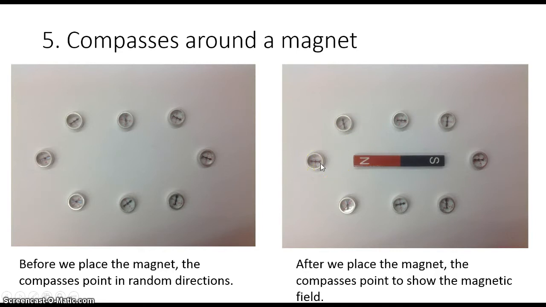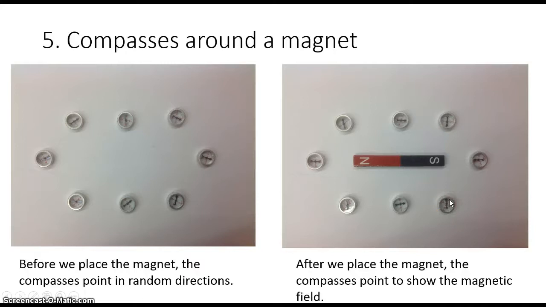Notice that this compass points away from the north. Notice that the compass arrowhead points towards the south. Notice that these compasses' arrowheads point away from the north. Now this compass is pointing towards the south. Look at this arrowhead here, the compass is pointing towards the south.